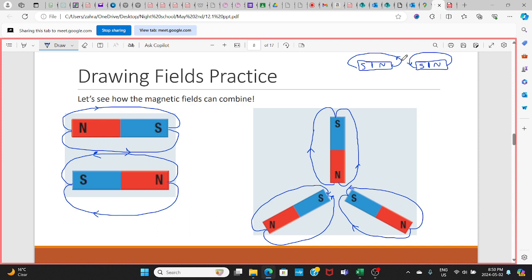We know that the north and the south pole will be attracted to each other, right?